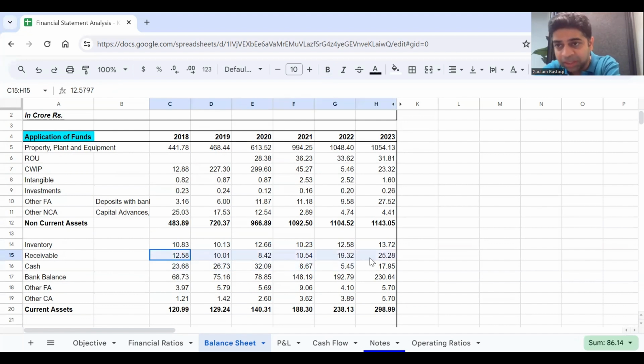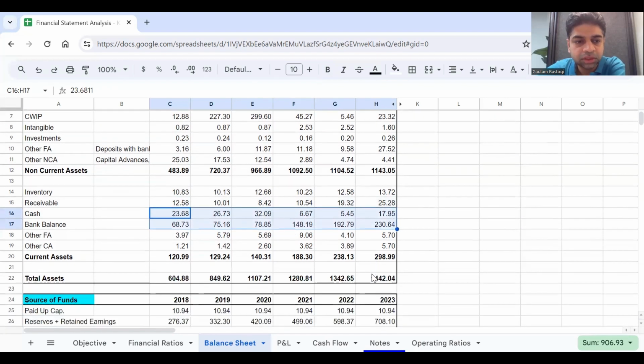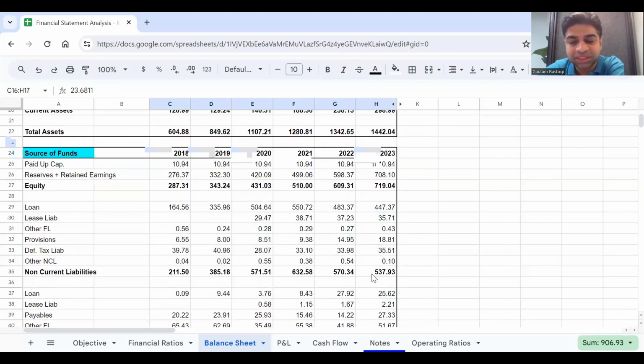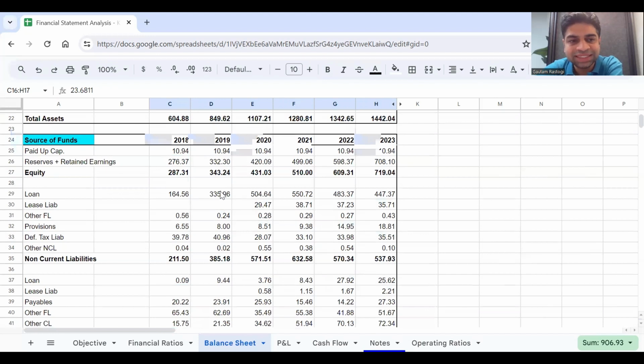In fact, receivables is becoming a challenge now for hospitals in India, especially with increasing health insurance penetration, and I'll touch upon it when we dig into financial ratios. The other highlight is cash has been increasing, which is a good sign. We look at the source of funds side, we see that equity has been on the rise.